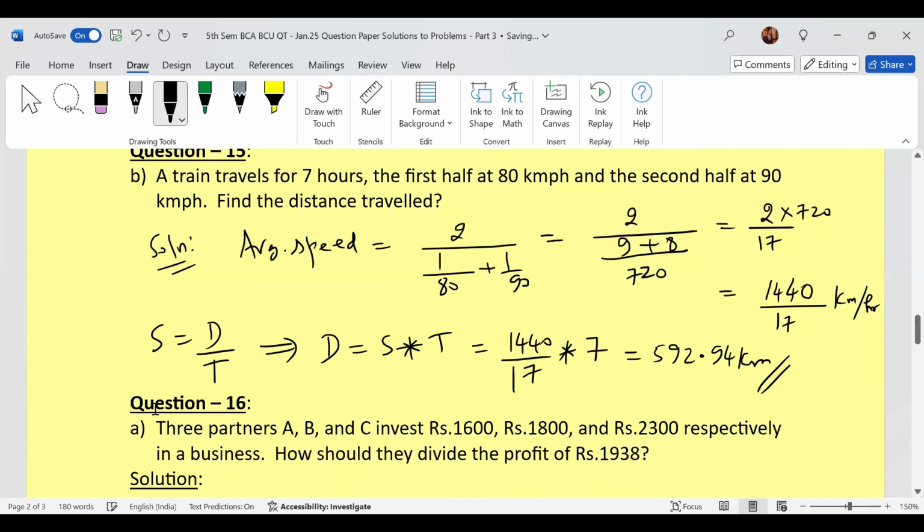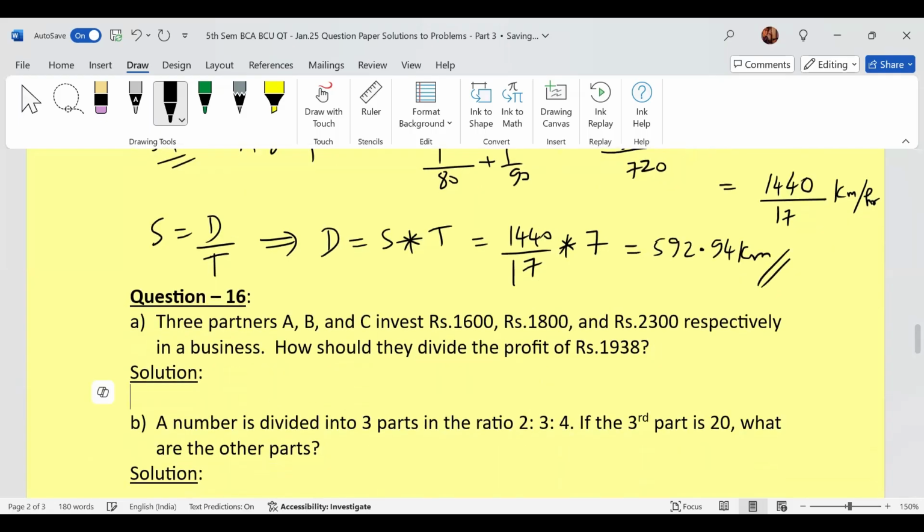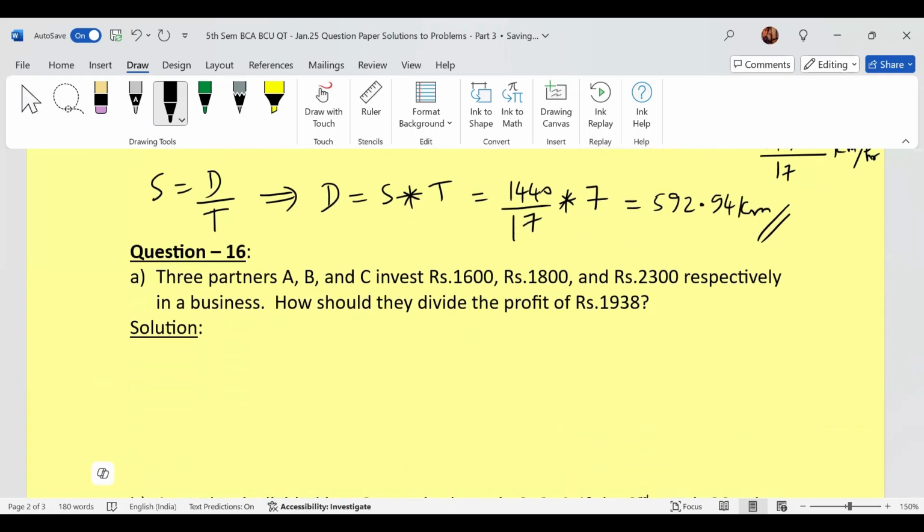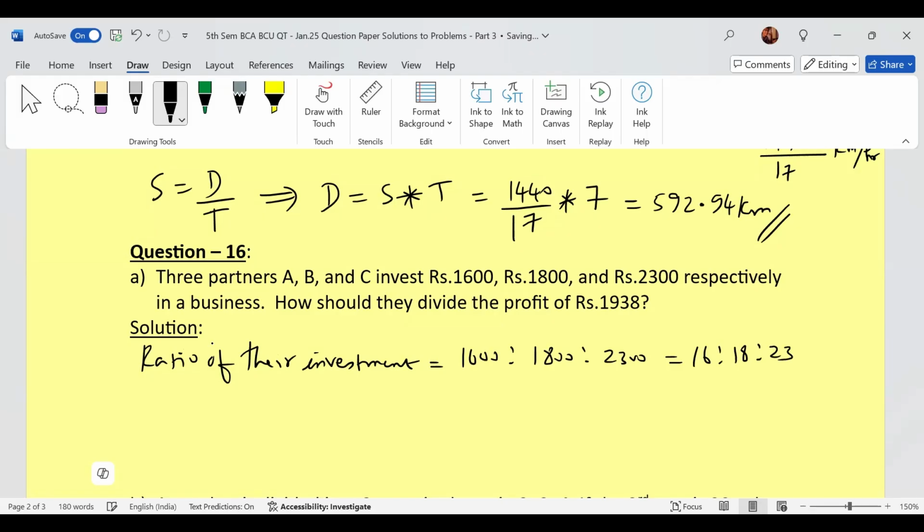Next question. Question 16. Three partners A, B, and C invest rupees 1600, rupees 1800, and rupees 2300 respectively in a business. How should they divide the profit of rupees 1938? First, we will find out the ratio of their investment. That will be 1600 is to 1800 is to 2300, which can be simplified as 16 is to 18 is to 23.